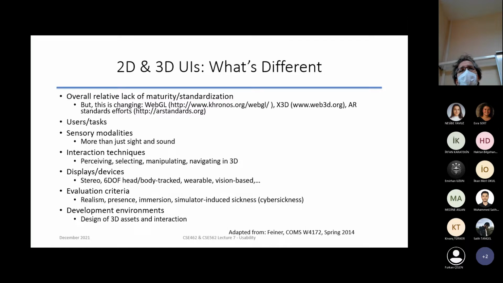But in 3D, this is a little bit different. Now, in 3D, the first thing that you are going to do is bring your motor, your movement, into the senses. So you are going to move around, and your sense of balance is going to get in.